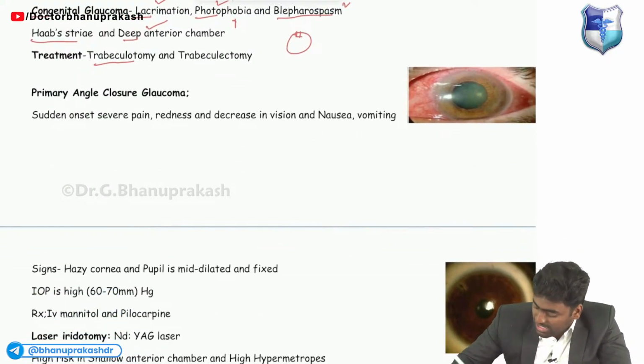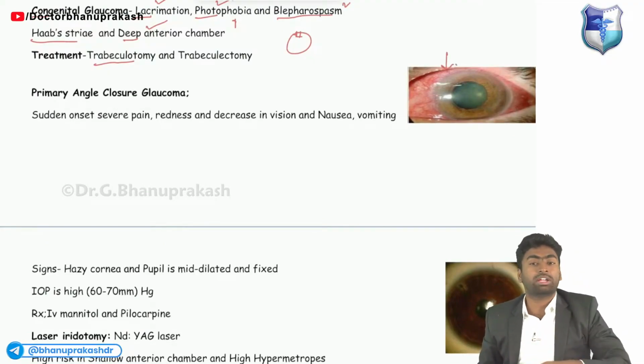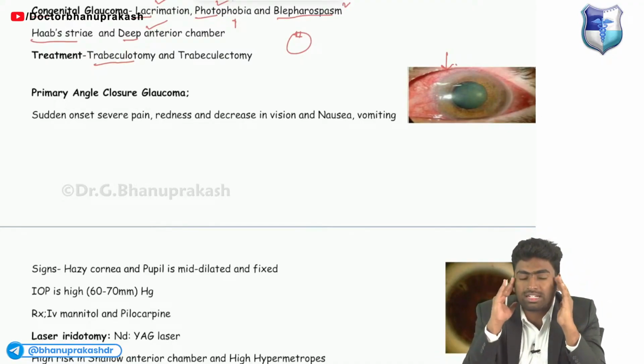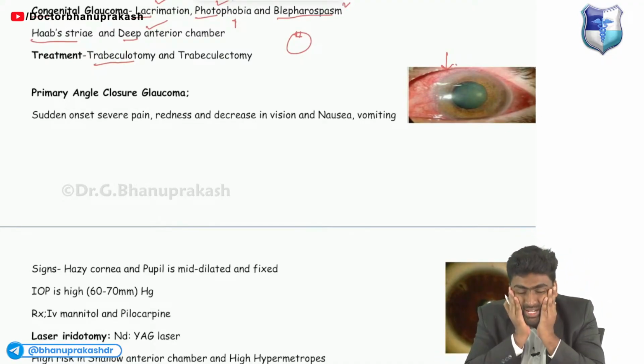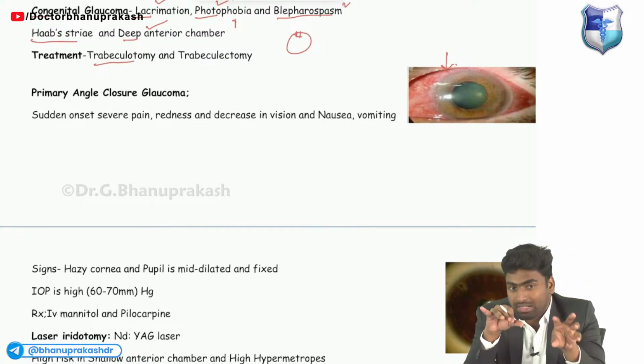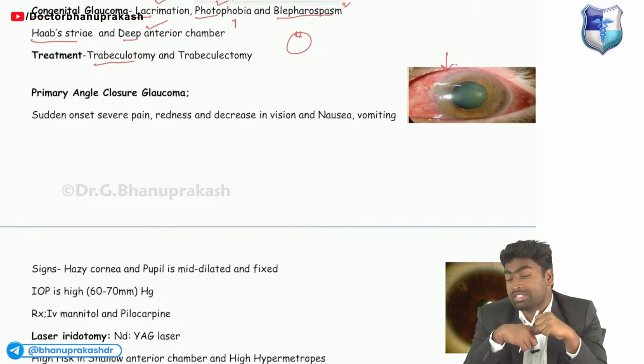Next, there's a type of glaucoma which mostly occurs during the night time. During the night, or in theaters, you are sitting and watching a movie. When there is an interesting scene, your eyes will be in the mid-dilated state. The mid-dilated state leads to falling of the iris onto the pupil and causes closure of the anterior angle of the anterior chamber.